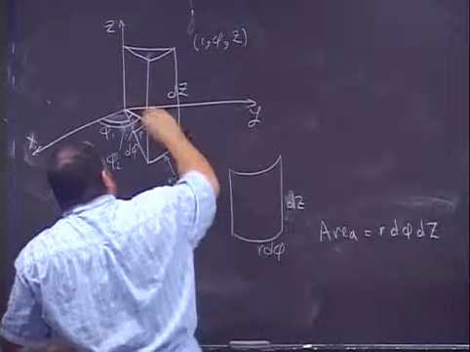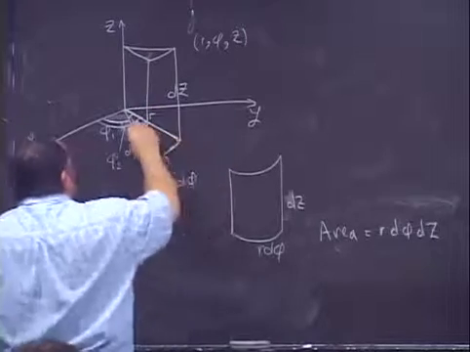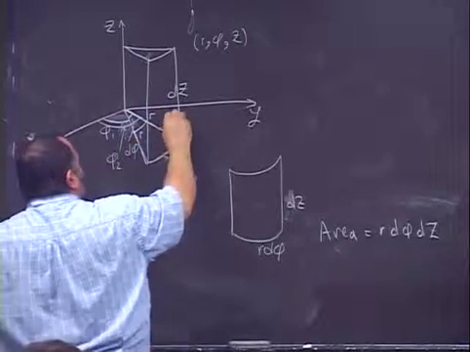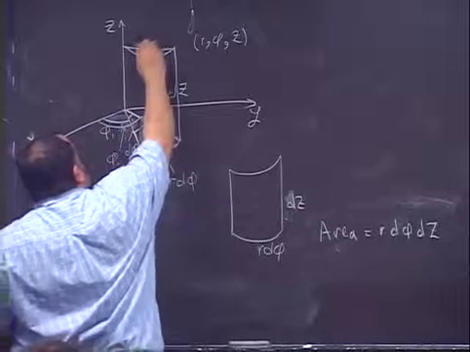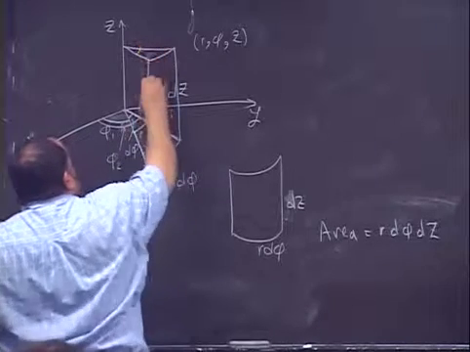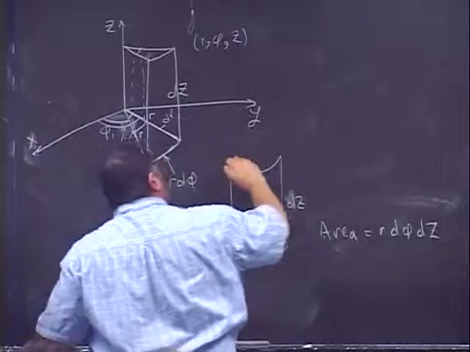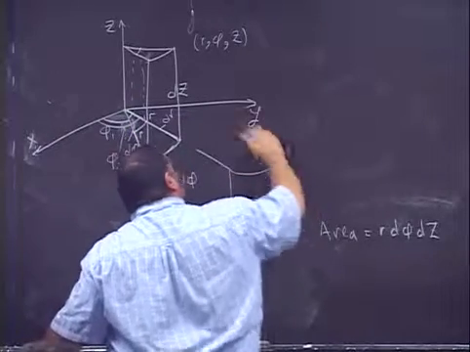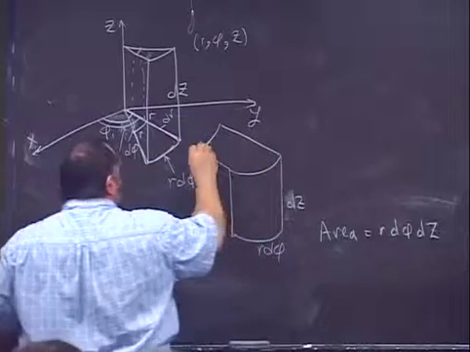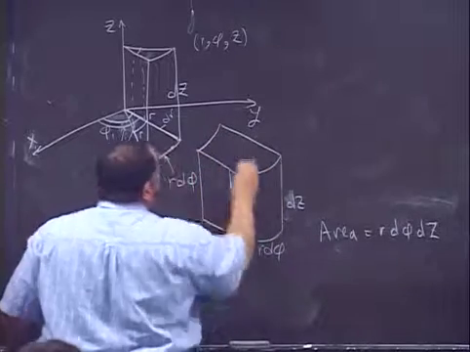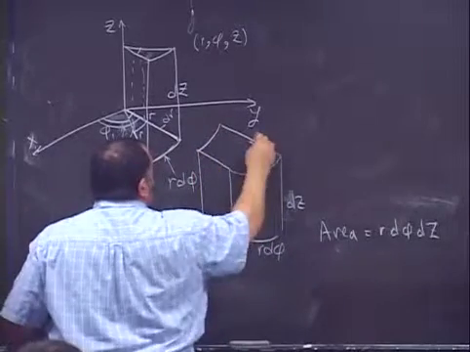And if I have delta r, so I go from r1 to r2, this will be my delta r, and this will be the corresponding delta r. So in this case, this is delta r.